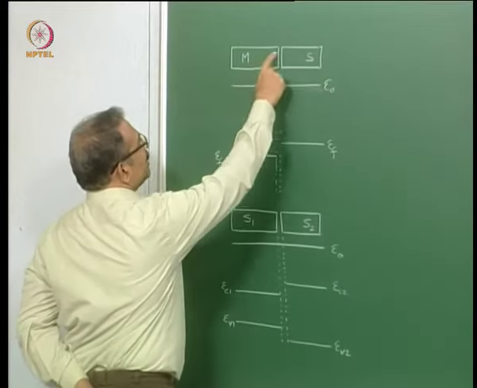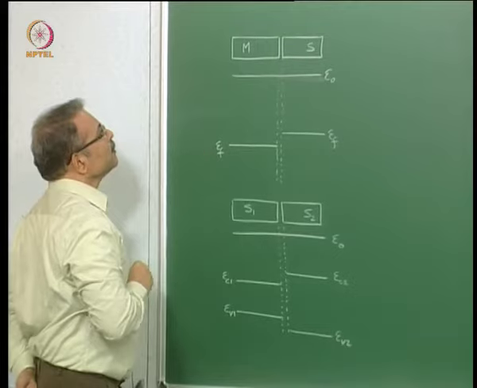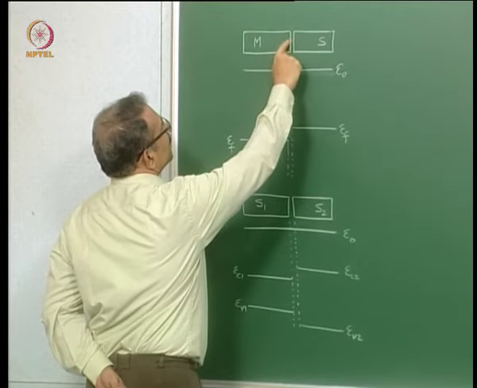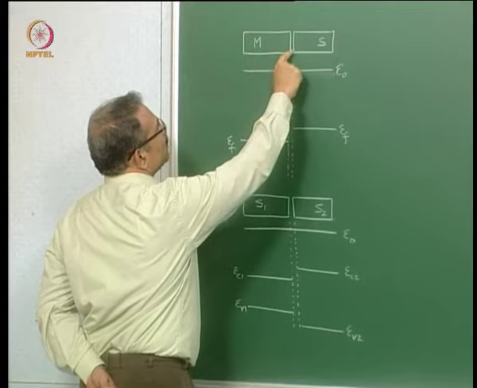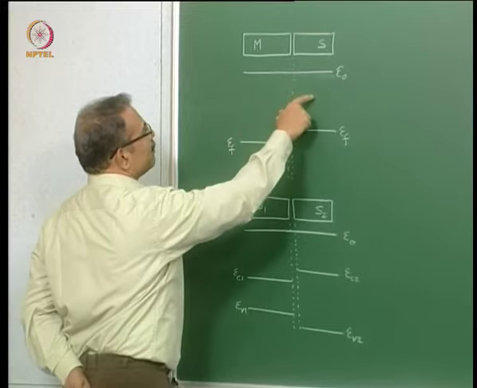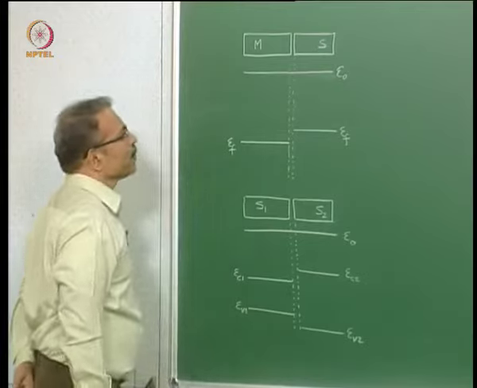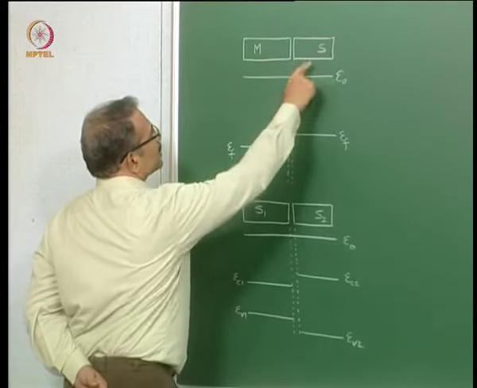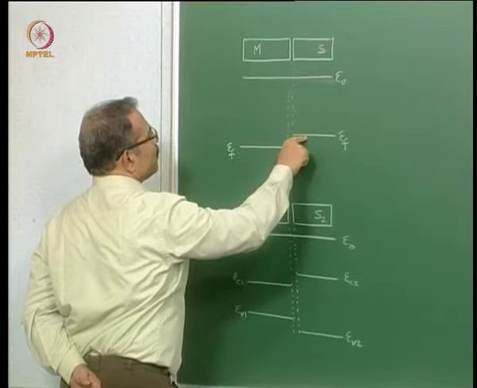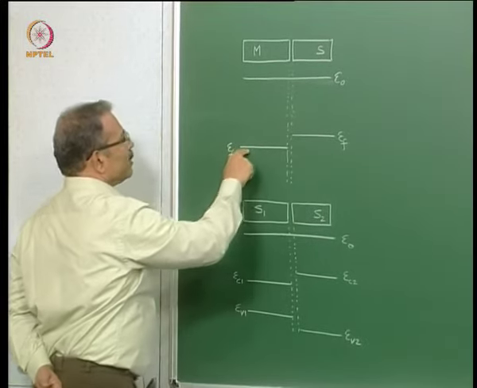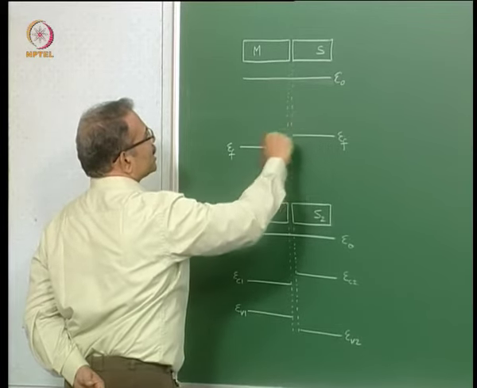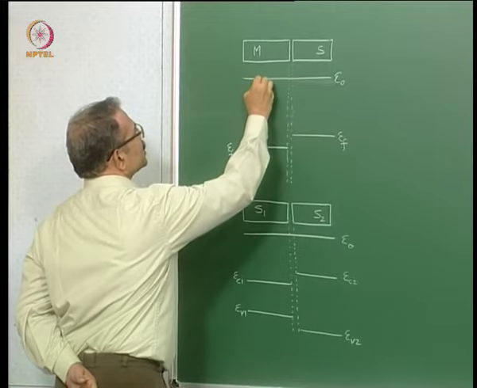Now here is a metal and a semiconductor placed in close proximity but not yet in contact, so that we can draw their band diagrams using E naught as a reference. So here, for example, the semiconductor side has its Fermi level above the Fermi level of the metal, because after all the Fermi level locations depend on the work functions.